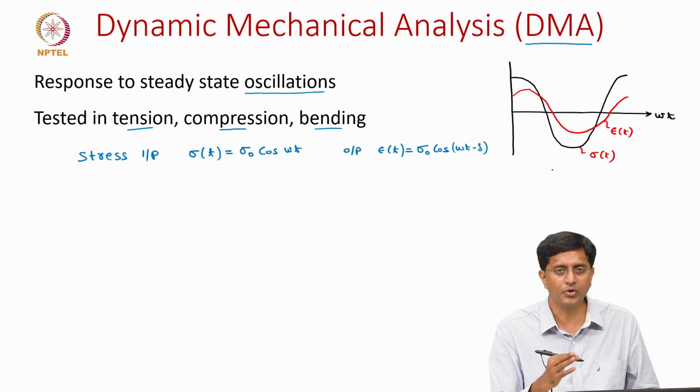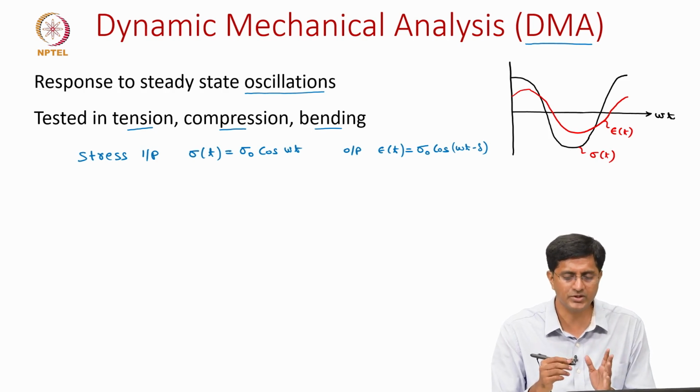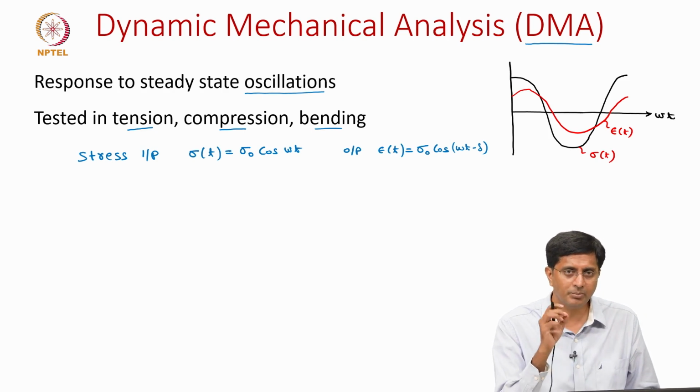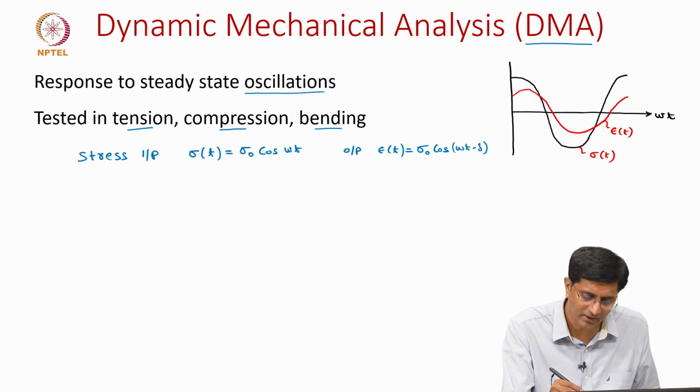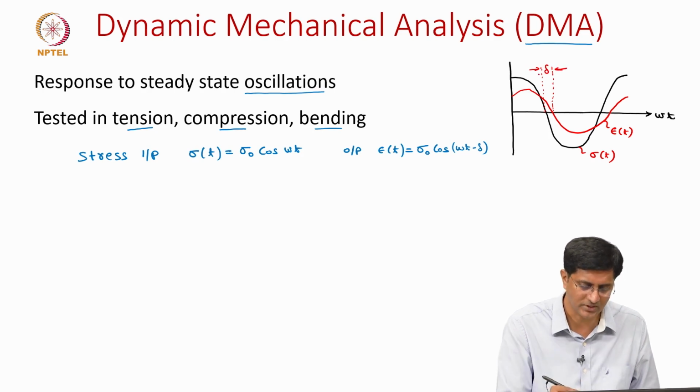We see that both of them have the same frequency, which means the wavelength is the same, but the peaks or the times at which they reach 0 are different, and that difference is represented by this delta, the phase lag.